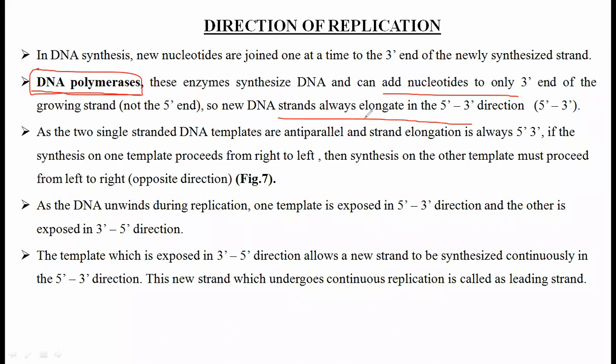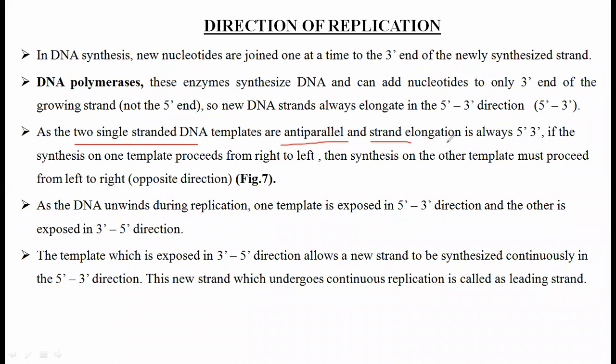Sorry, sir. So the DNA always elongates in the 5 to 3 direction, right? Now the question is, as I have been saying, that the 2 DNA strands are anti-parallel, right? And the strand elongation is always 5 to 3. If one strand is from right to left, another has to be in the opposite direction. What does it mean?